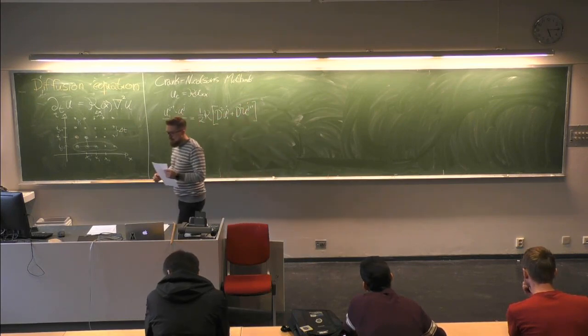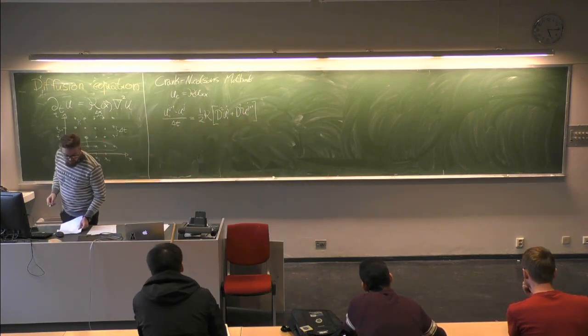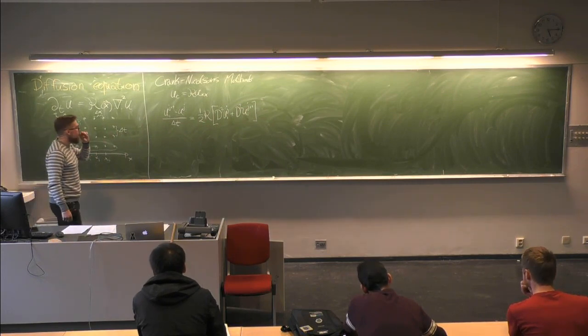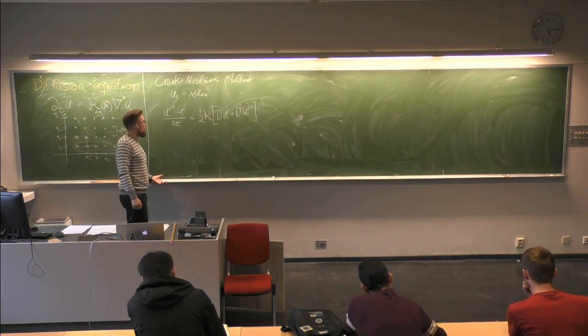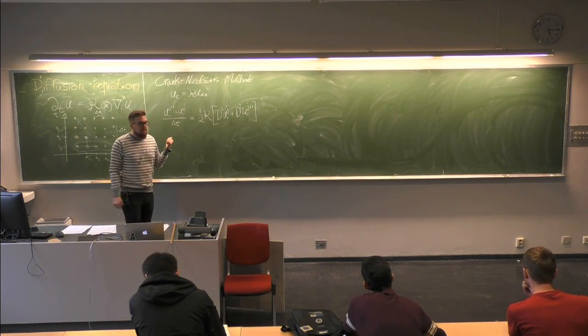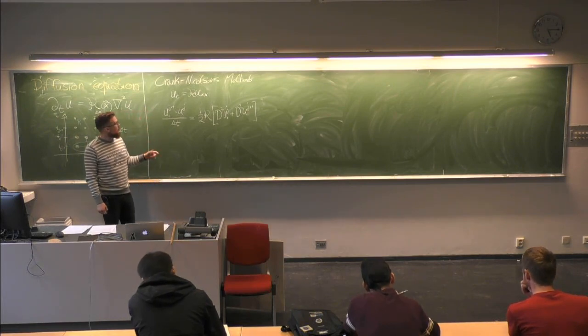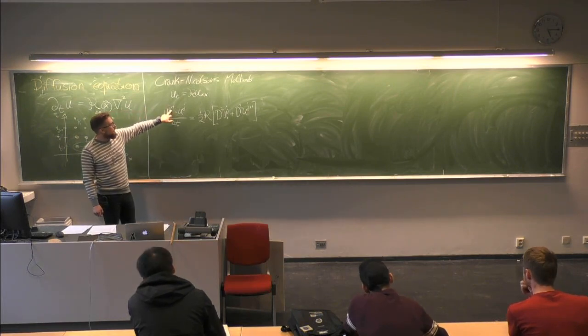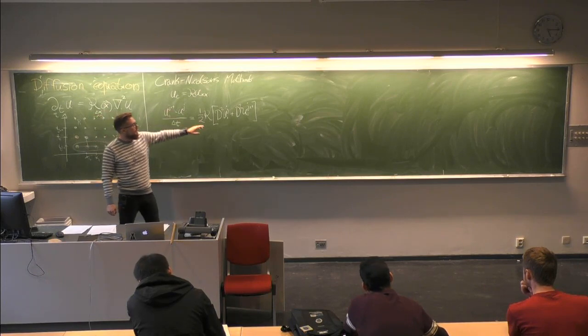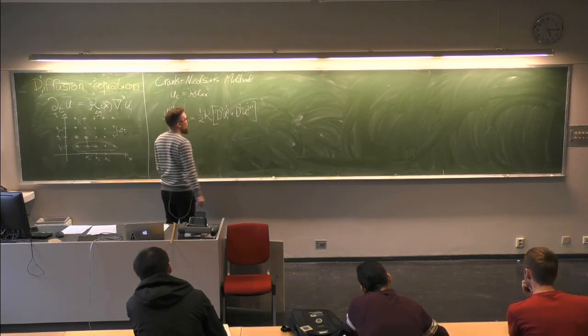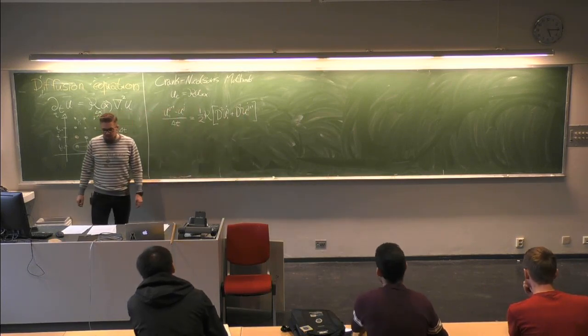So the method we had last lecture was an explicit method, whereas this is going to be implicit: j plus 1 on the left side, and j plus 1 on the right-hand side.